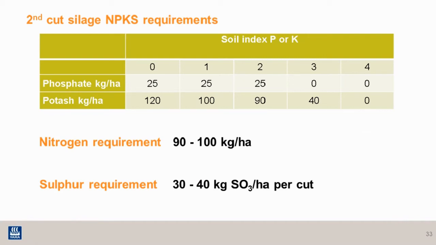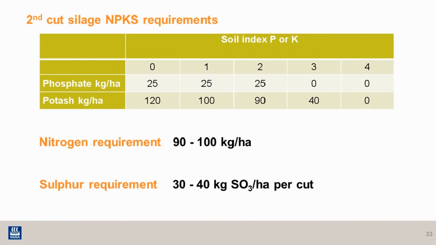But similarly for potash, you are looking to apply build-up rates, because you haven't applied all of the potash removed in that first cut, because you don't want to over-apply potash in that first cut, because you don't want luxury uptake of potash.